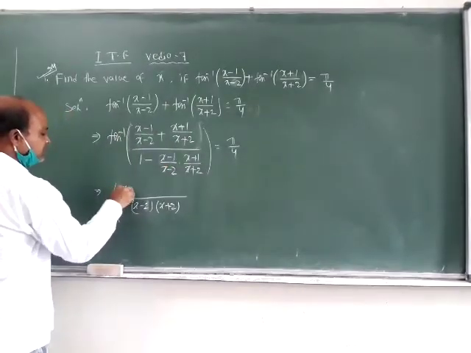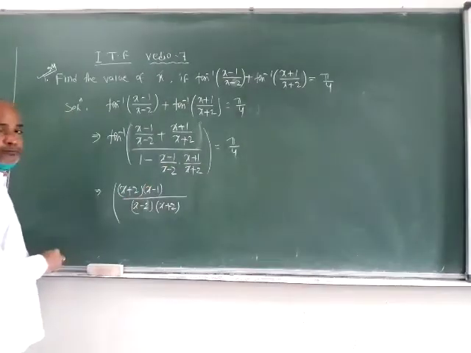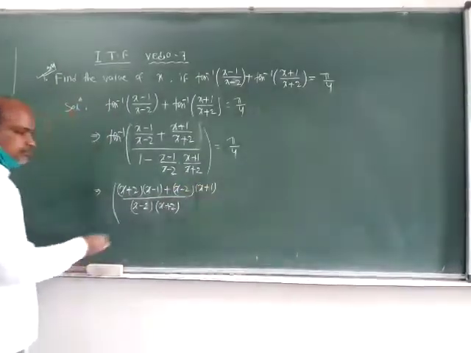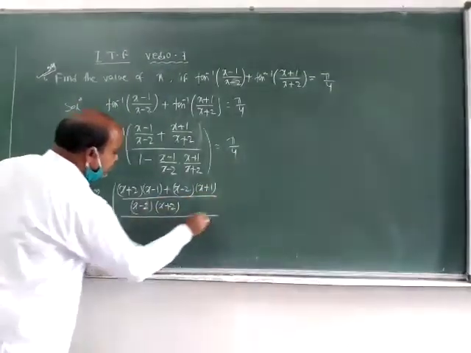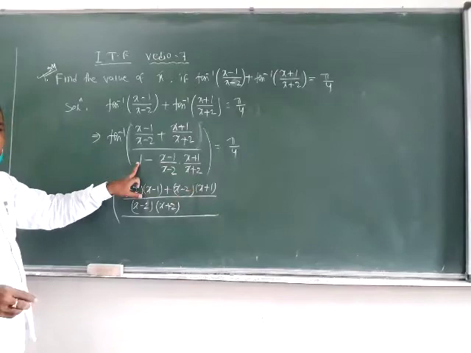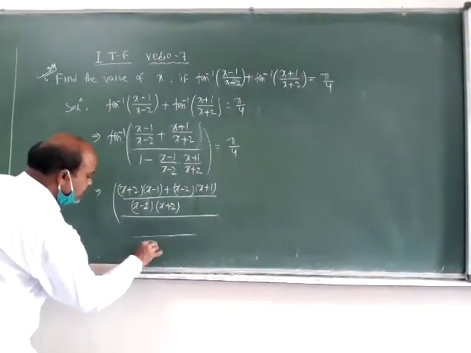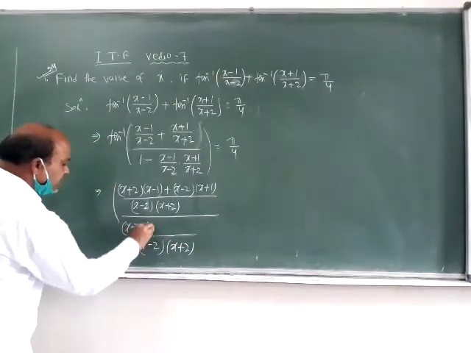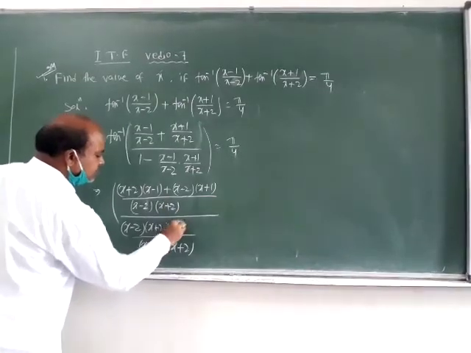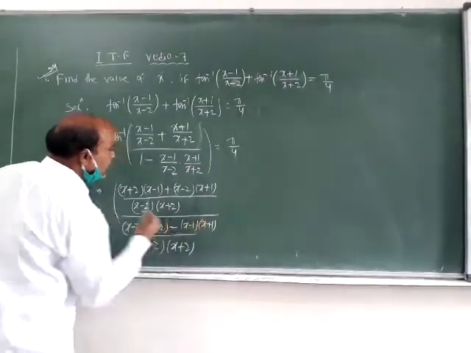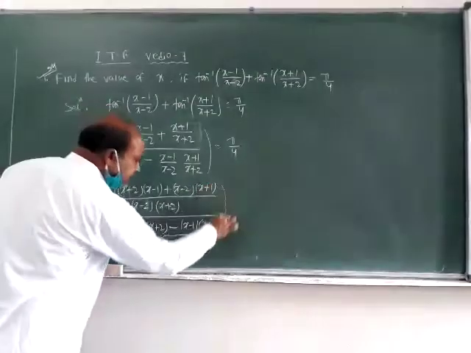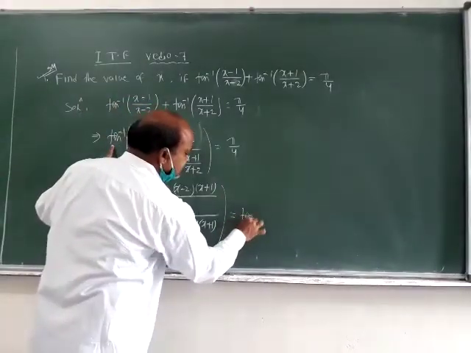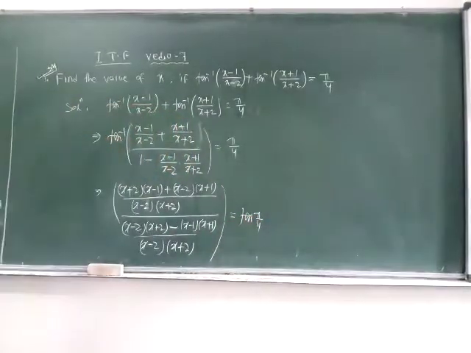What is left? (x plus 2) into (x minus 1) plus (x minus 2) into (x plus 1), upon the same LCM term (x minus 2) into (x plus 2). Cross multiplication: (x minus 2) into (x plus 2) minus (x minus 1) into (x plus 1) is equal to, as I told you, the tan inverse transferred to the RHS becomes tan pi by 4.